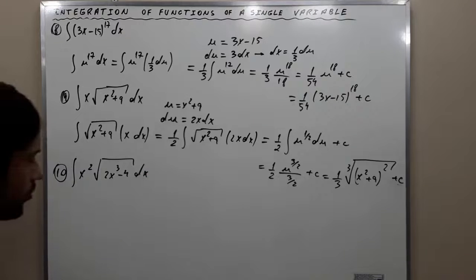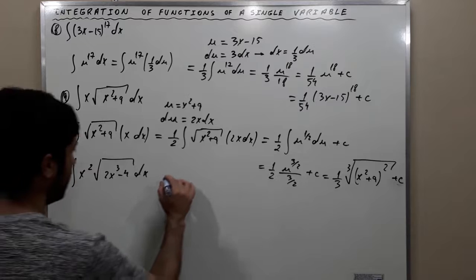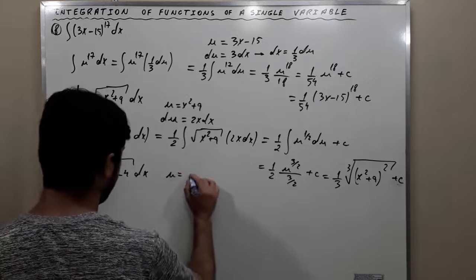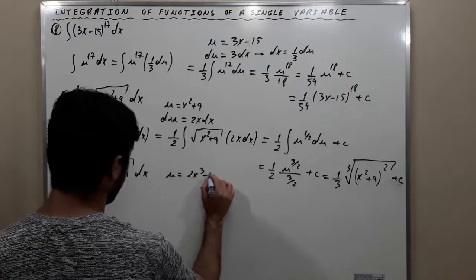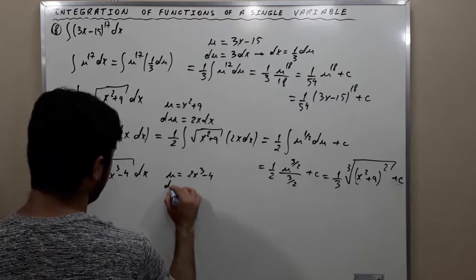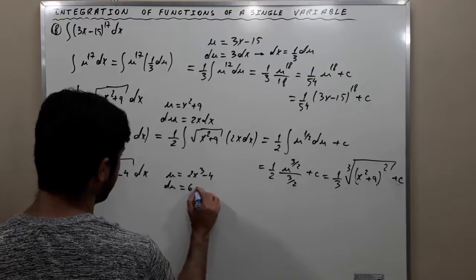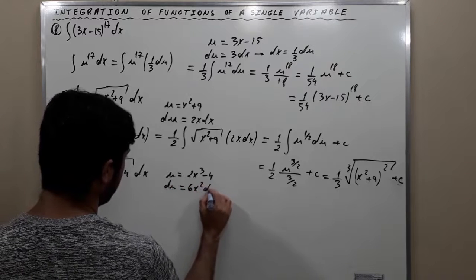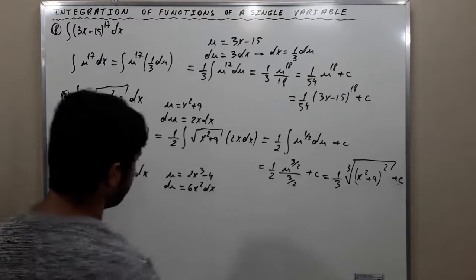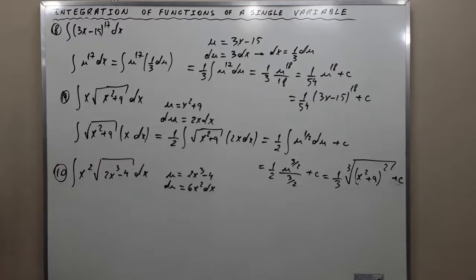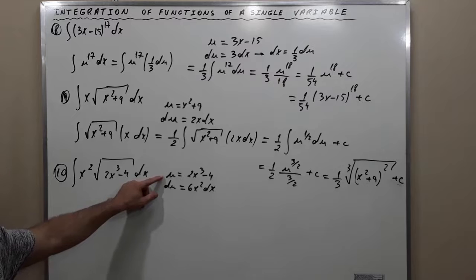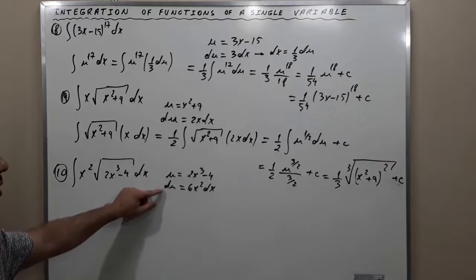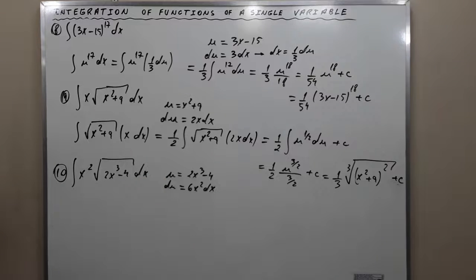Okay, we are going to apply u substitution again, and u is going to be 2x cubed minus 4, where du is equal to 6x squared dx. Okay, if we differentiate this expression here with respect to x, it becomes this.